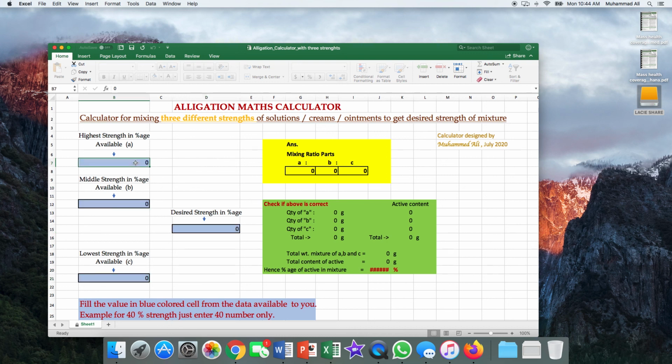The available strength is 40 in our case, the other strength available was 30%, the lowest strength available was 10%, and the desired strength was 20%. So here is the calculation. I developed this calculator myself. Now the ratio is 10:10:30, that is 1:1:3. So it is very easy to calculate the ratio with the help of this calculator.